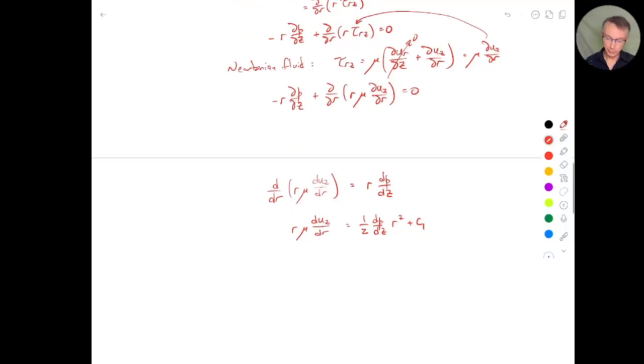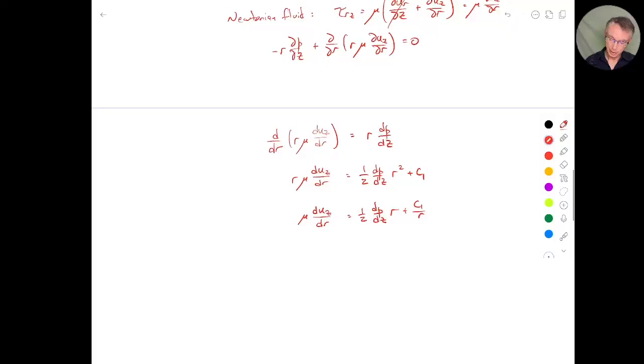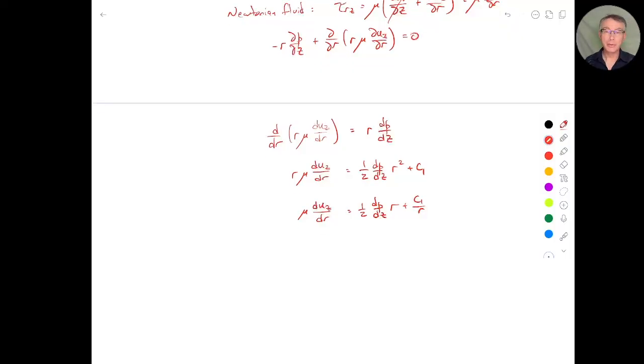Okay, and then I'll divide through by the r on both sides. And then I'll go ahead and integrate both sides again with respect to r. Let me go ahead and divide by the mu as well while I'm at it.